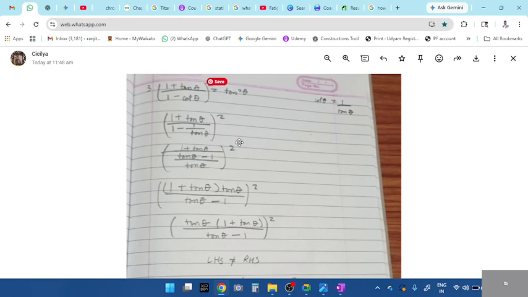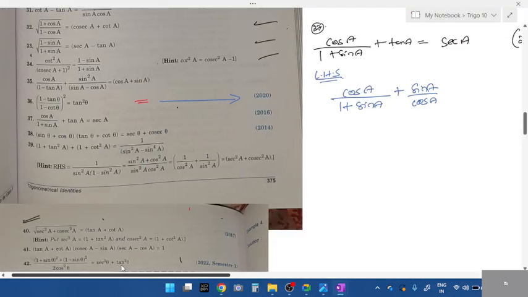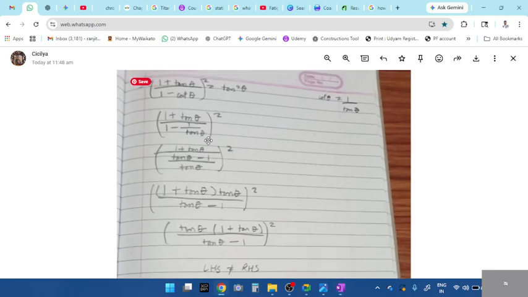Okay, you've written 1 plus tan theta. Oh, that was the correct question, I guess, right? Okay, 1 minus, you have copied the question wrong. Fine, Cecilia, no problem. Till here you have got. Why did you convert cot into tan? Why didn't you convert sine and cos?